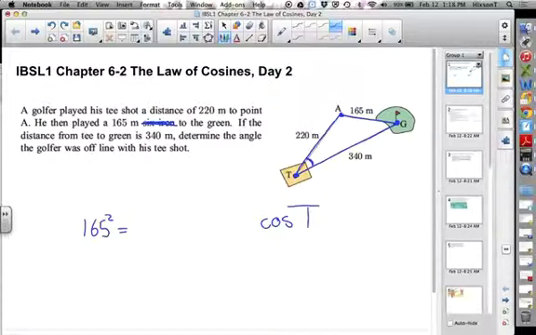So now we just have to use the other two sides to fill in the rest. So it's 220 meters squared plus 340 squared minus 2 times 220 times 340 times the cosine of T.